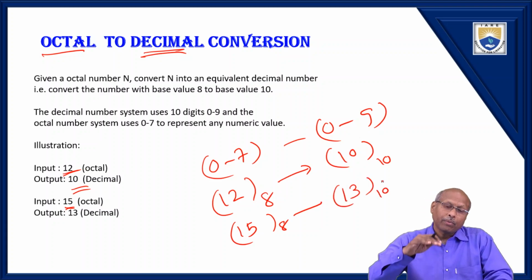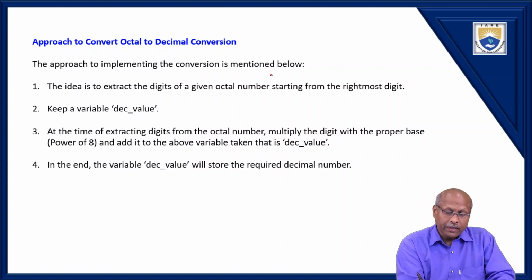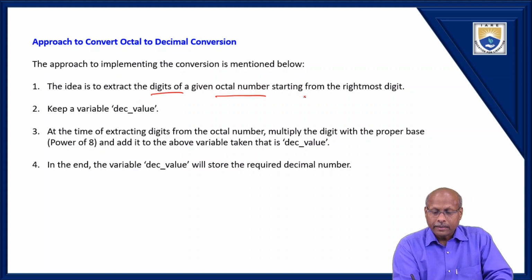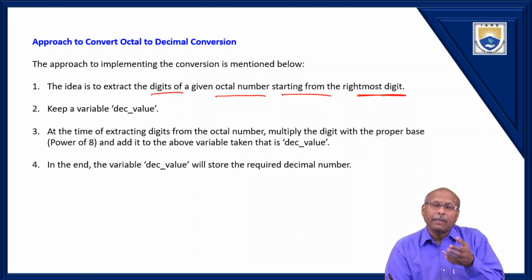So, to convert from octal to decimal, there is an approach, which you will see now. The idea is to extract the digits from the given octal number starting from the rightmost digit. That means the octal value is given in string format.